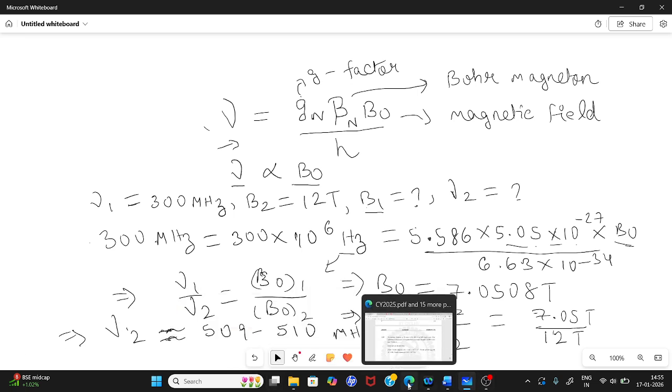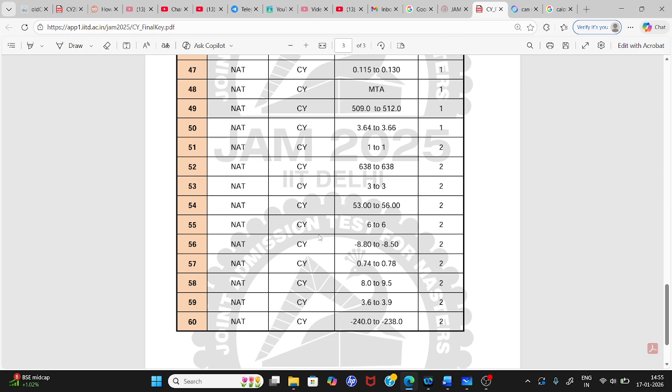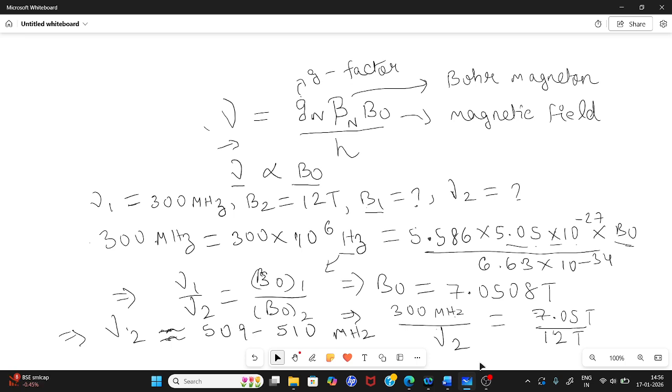And you can also check the answer key. Basically this is question number 49 of JAM 2025. Yeah, look at it. 509 to 512 is the provided range. It's NAT type. So we got the correct answer. So this is how you had to approach this question.